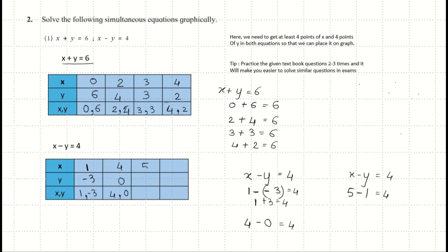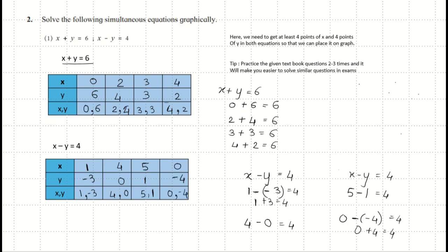It is 5 comma 1 where x is 5 and y is 1. In the same case, we can also take 0 minus minus 4 is equal to 4, which means 0 plus 4 is equal to 4. So we can take x as 0 and minus 4 as y. The point is 0 comma minus 4.